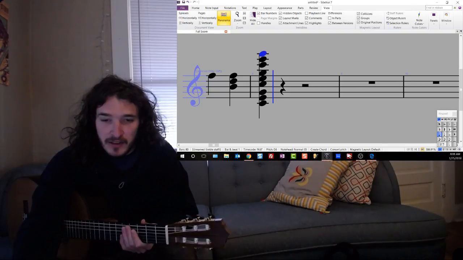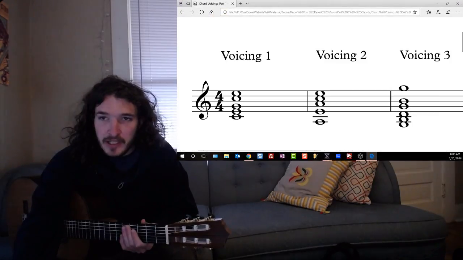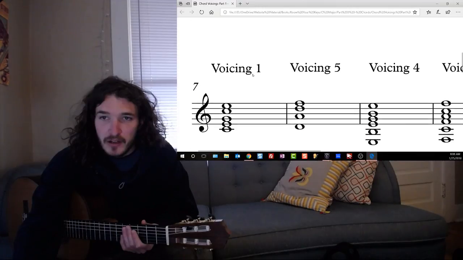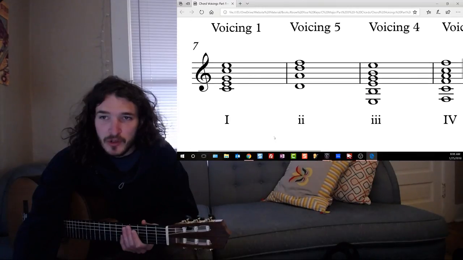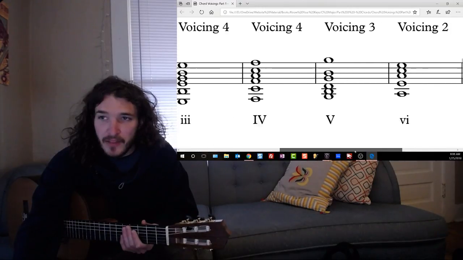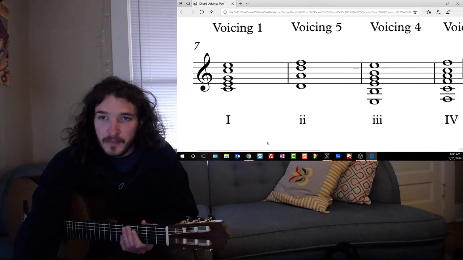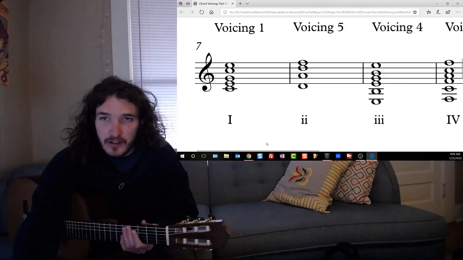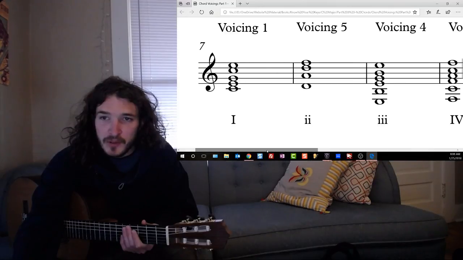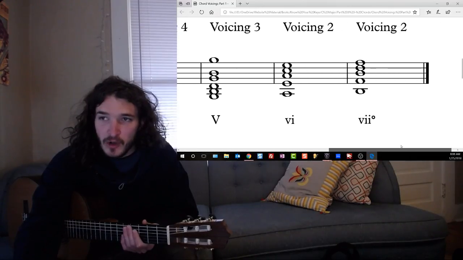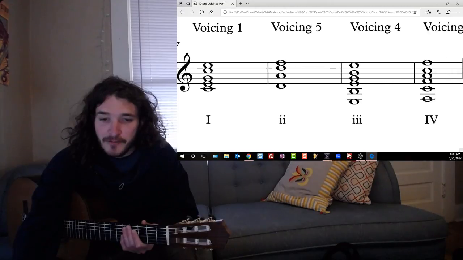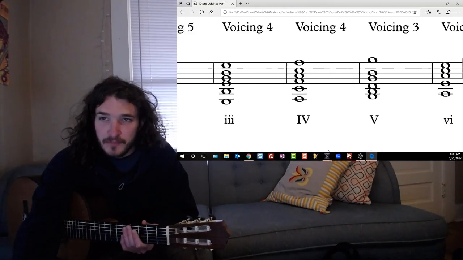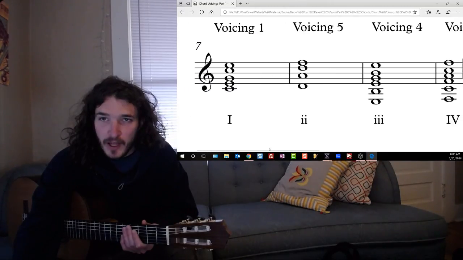So let's take a look at the PDF, which gives us our voicings. And I'm going to show you the chords and their major and minor and Roman numerals and all of that right here on the screen. And we end up with a couple different kinds of voicings. I'm going to explain those in a moment. There's 5 big ones that we use on the guitar to spell our chords, okay?